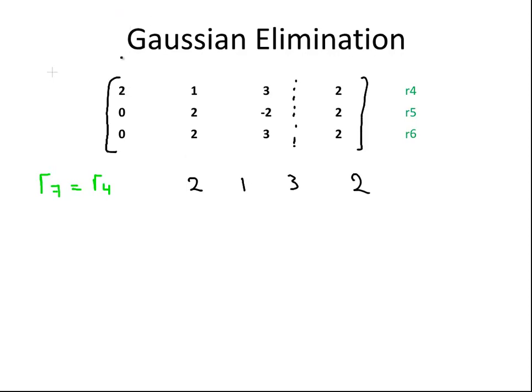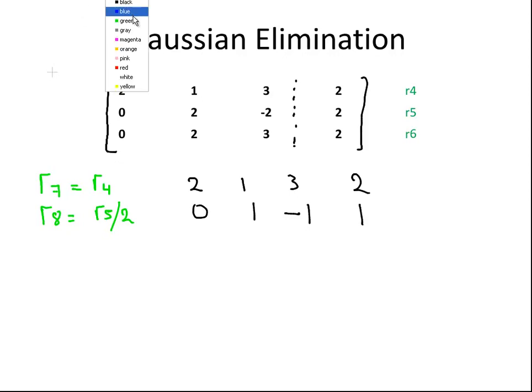The next thing we are going to do is divide R5 by 2, and I'm going to call it R8. So R5 divided by 2, we get 0, 1, minus 1, and 1. Now, the next one, we're going to call this new row R9.